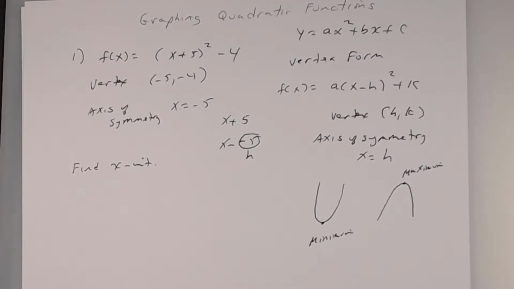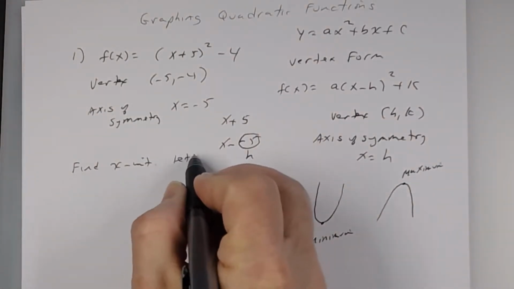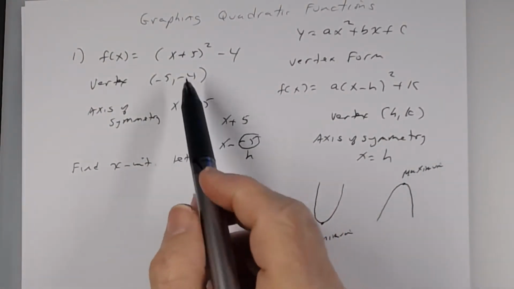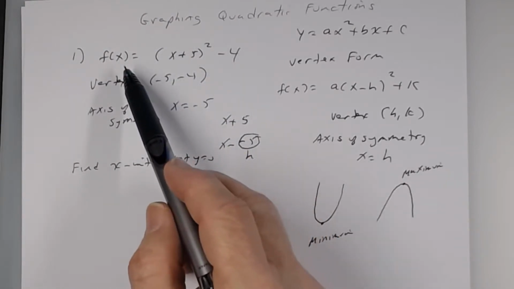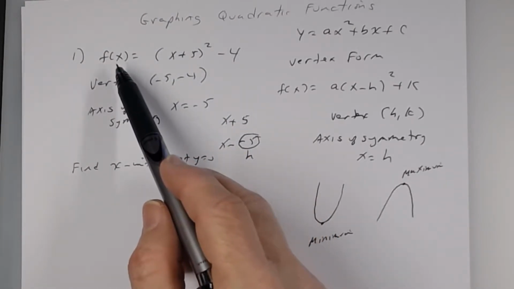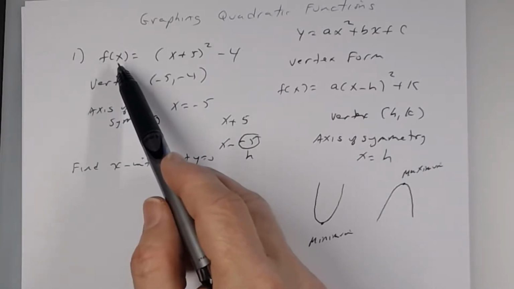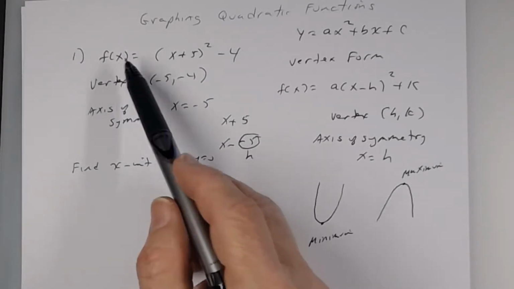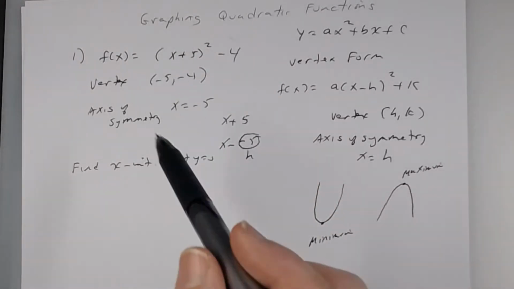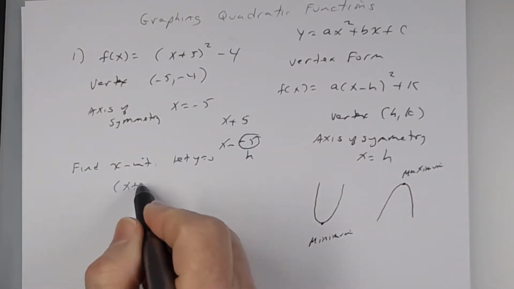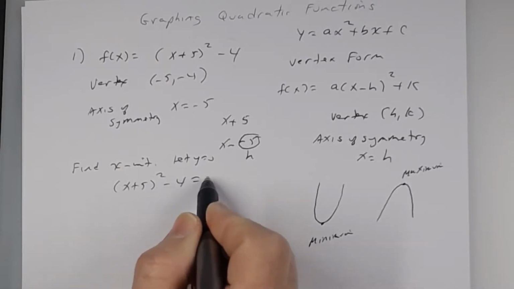To find the x-intercept, you let y equal 0. What in this situation represents y? f of x. So I'm going to set this equal to 0: x plus 5 squared minus 4 equals 0.